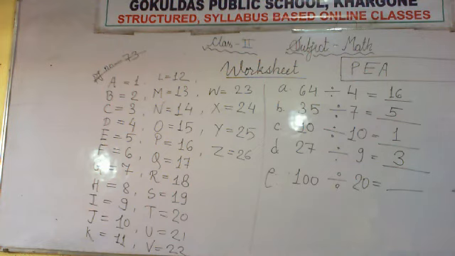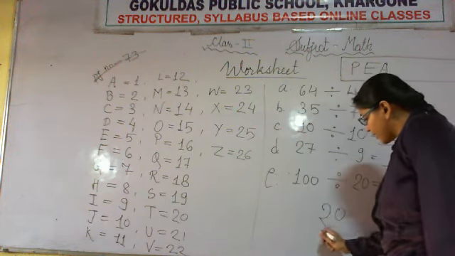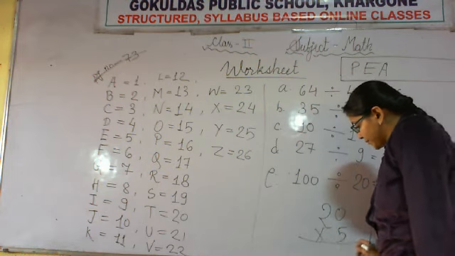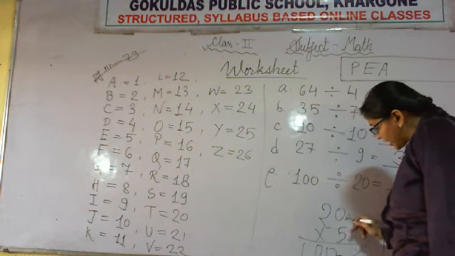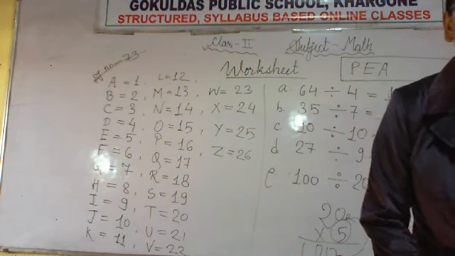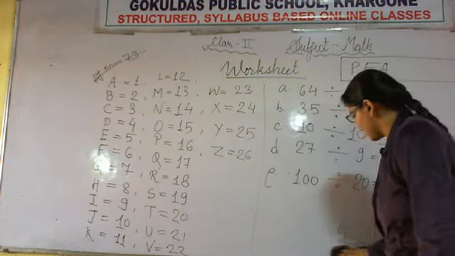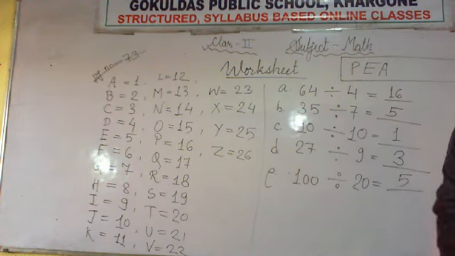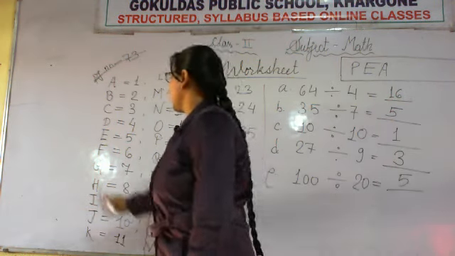So if you divide 100 by 20, you will get 5. By the relation between multiplication and division, if we know the relation, then we can solve any question. So 5. Once again, 5 means E.